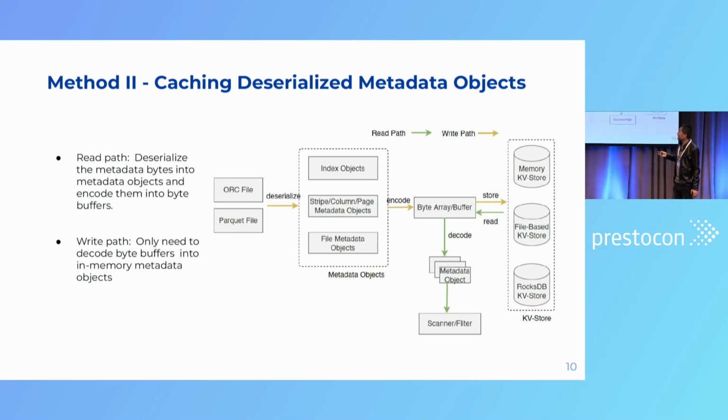We deserialize this kind of object into the Java object, which is what Presto consumes. I think in the first version of the cache tool, we just put this in memory, in a Java hash map. I think that's the work contributed by Rongrong early this year or last year.